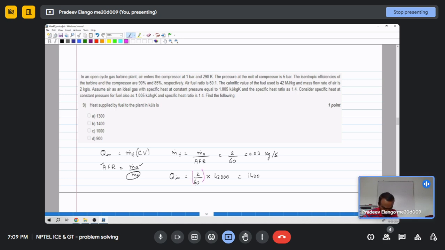This is in kilogram per second and this is in kilojoules per kilogram, right? So finally we will get q in as kilojoules per second. So that is the answer, we found it is 1400.